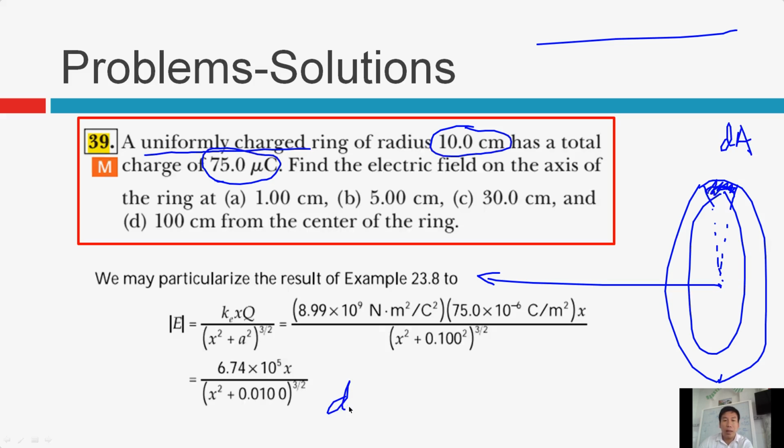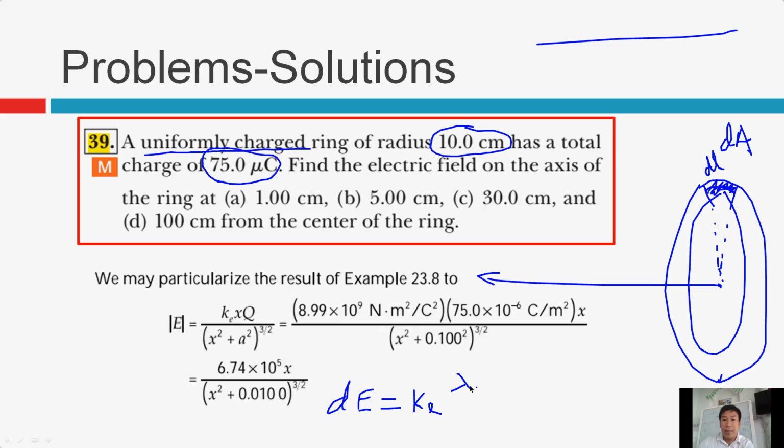So you also have dE equals K E. Let me look at dA. In this case, we have lambda, right? Lambda multiplied by dl here.